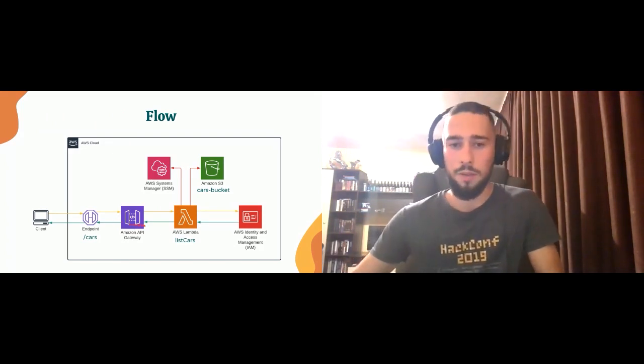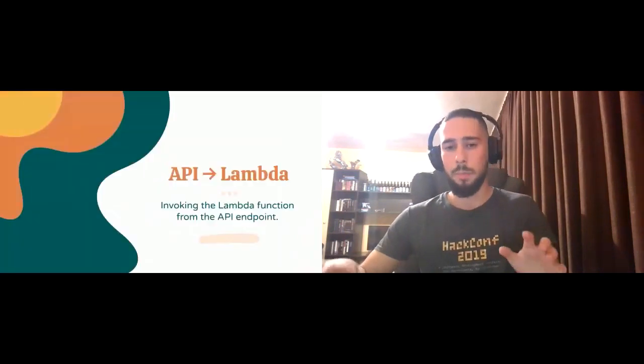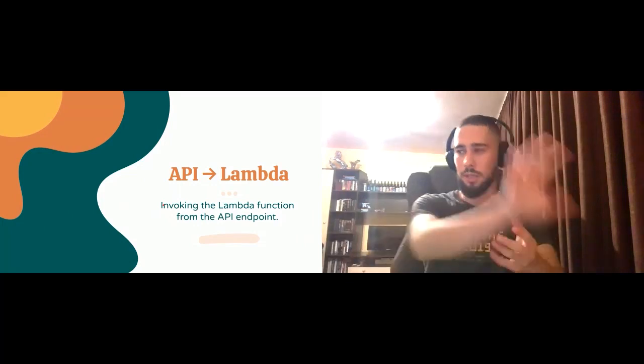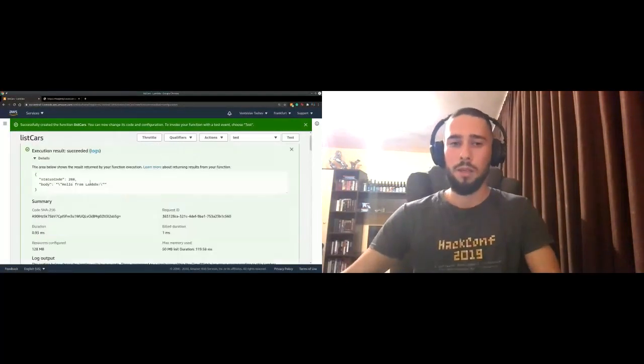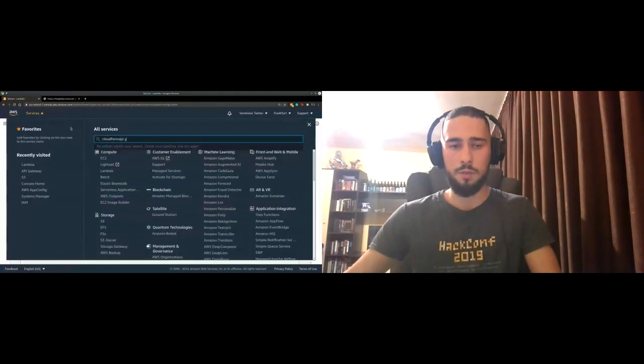So what we have now is API Gateway with an endpoint, a bucket, and a Lambda, but they're not linked. So we'll continue by linking our API Gateway with our Lambda function. So if I go back here, I'll leave this as is for now.